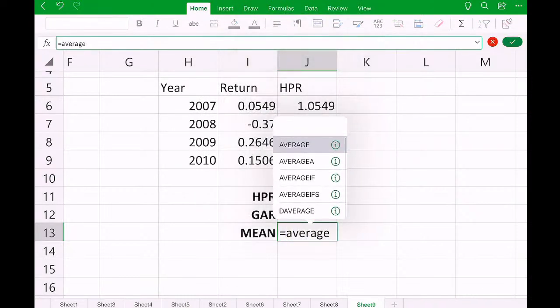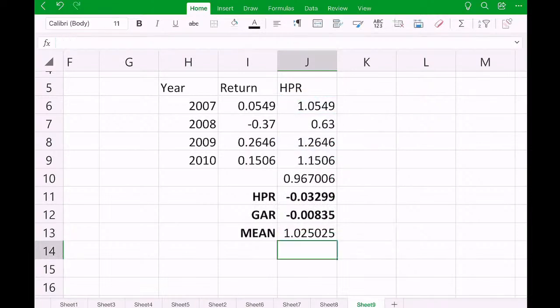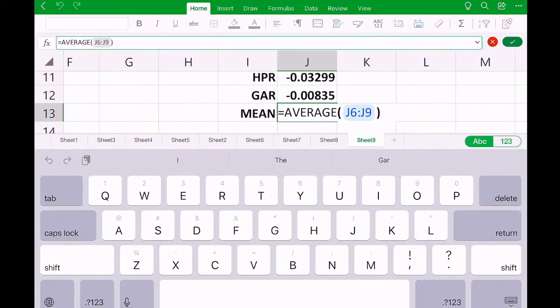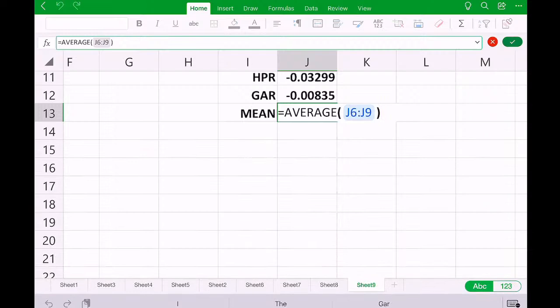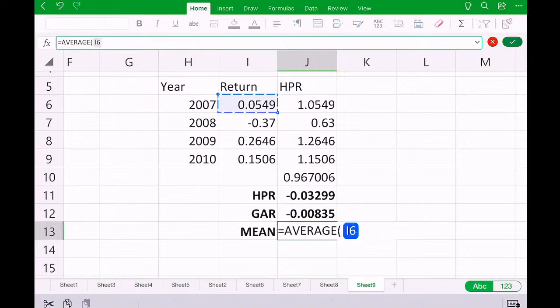You can use average of these. And what did I miss? Oh, I did the wrong thing. I keep making mistakes. I don't want to average those. I want to average the original values. So I want to average these returns.